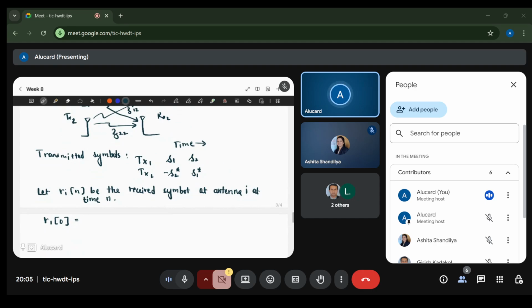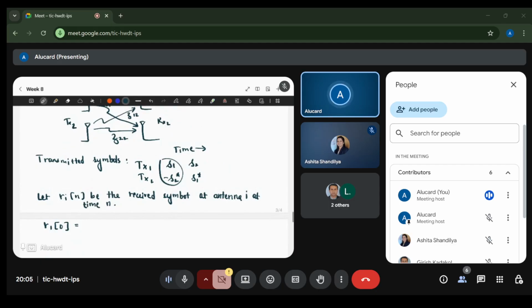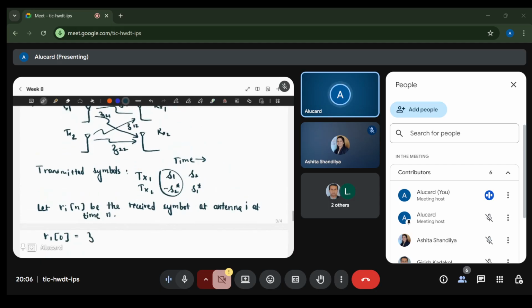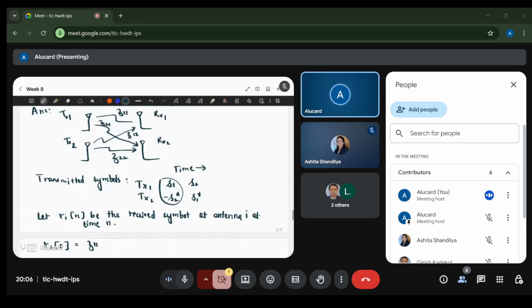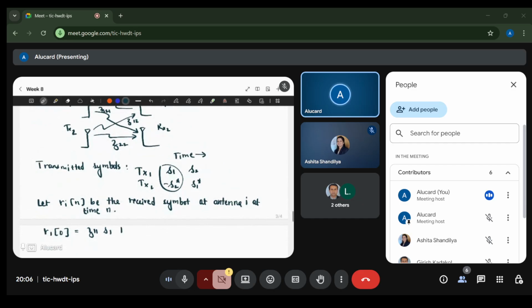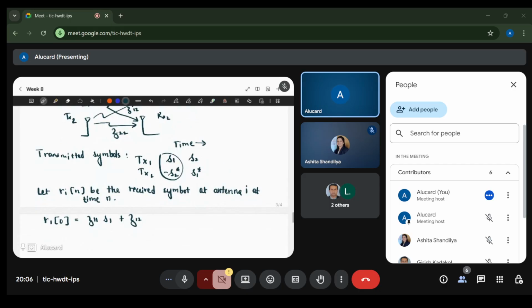So at time instant 0 is what is being sent. What is being received at the first antenna is Z11 times whatever the first antenna is sending, which is S1, plus Z12 times whatever the second antenna is transmitting, which is minus S2 conjugate, plus noise.